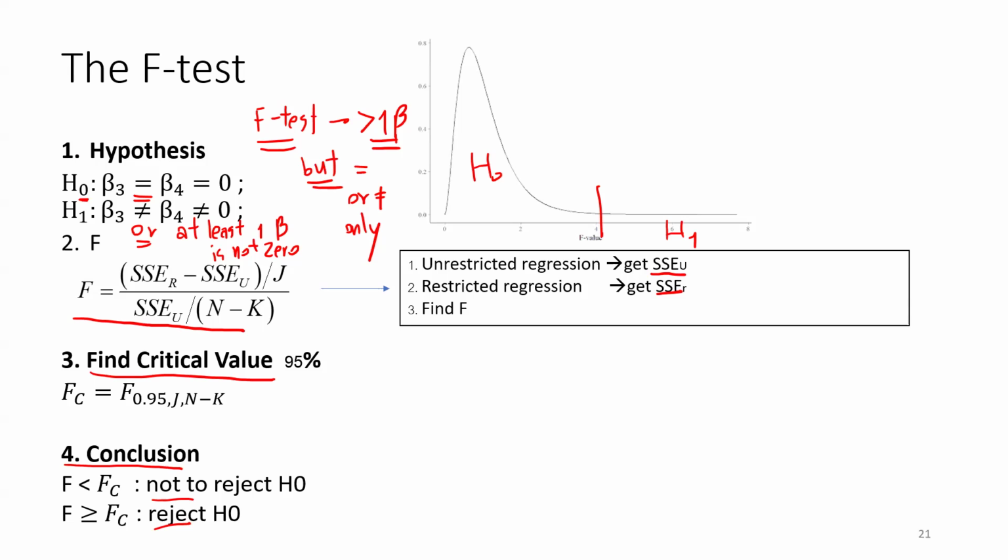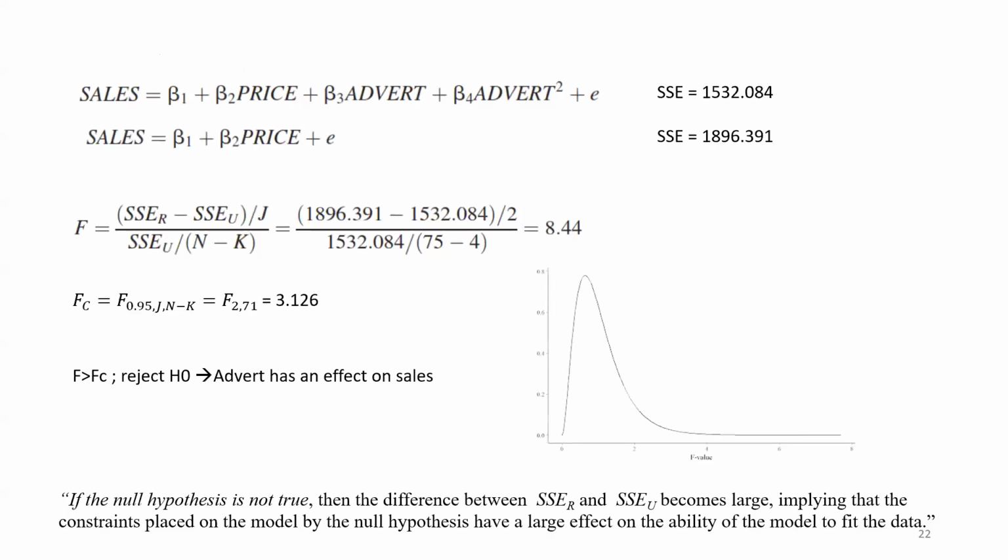Okay, so let's see the example. They would like to know whether advertising affects sales or not. So they set beta 3 equal to beta 4 equal to 0. So this is the longer equation, so we call it unrestricted, and this one is the restricted, which is less flexible.